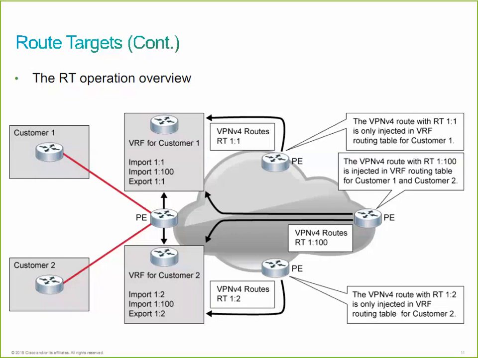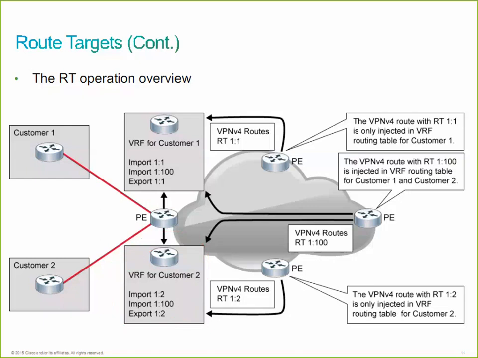We're sending those VPNv4 routes with a route target of 1:1 into the VRF for customer 1, and we see that referenced as import 1:1. Routes with a route target of 1:2 get injected into the VRF for customer 2, listed here as an import of 1:2.